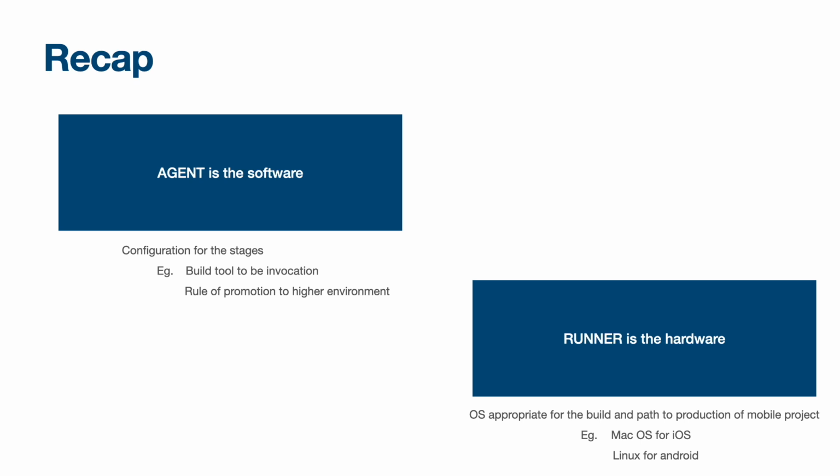Examples would be build tool invocation, rule for promotion, and even creating the trigger to run tests, which would be done on the agent. Runner, on the other hand, would be the place where actual execution of each of these stages would happen.